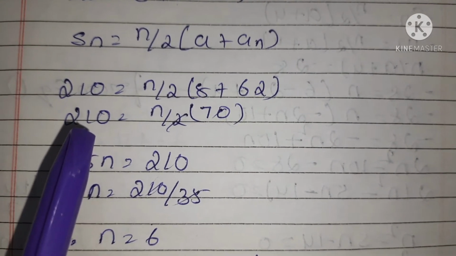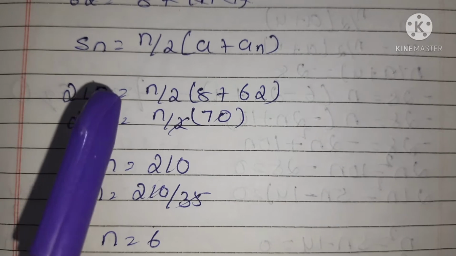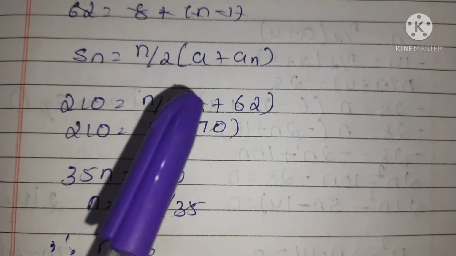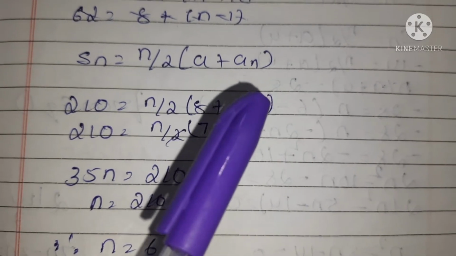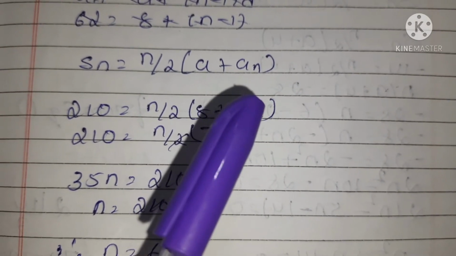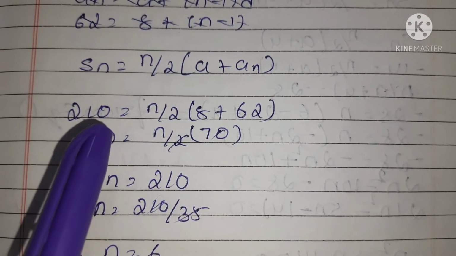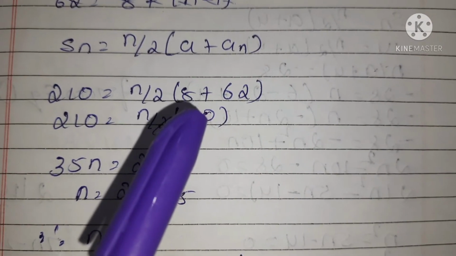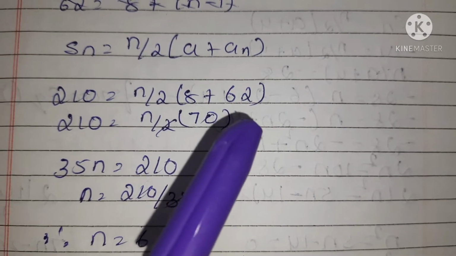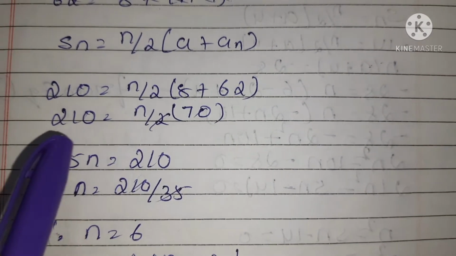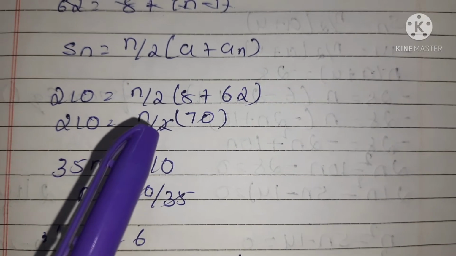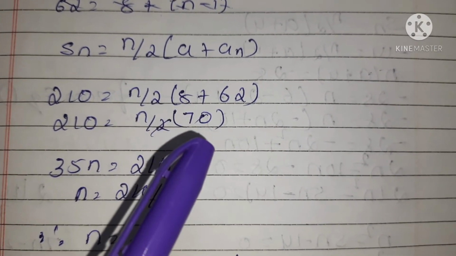Sn is equal to 210. What is the Sn formula? Sn is equal to n by 2 into a plus an. an is the last term. Now Sn is equal to 210 is equal to n by 2 into a value is 8 plus an value is 62. Now 210 is equal to n by 2 into 62 plus 8 is 70.